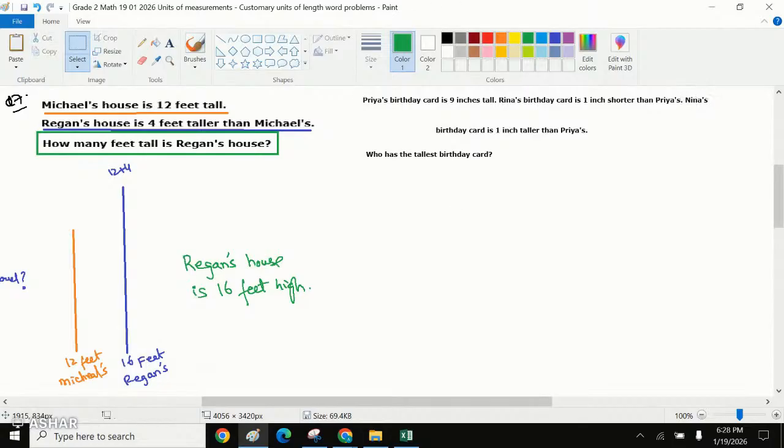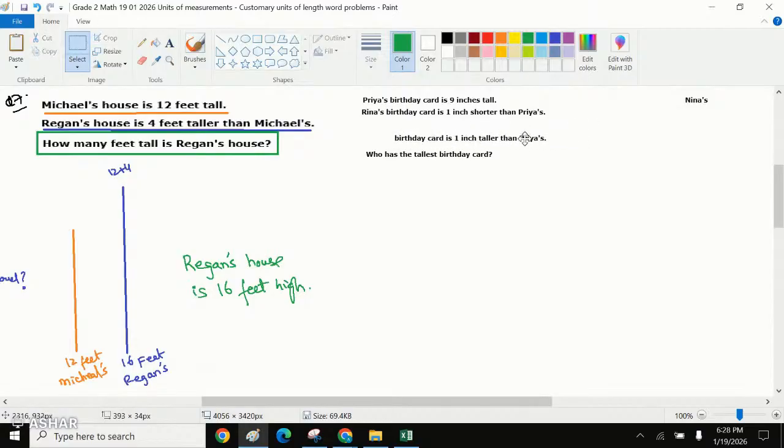Okay, Priya's birthday card, Reena's birthday card, shorter than Priya's. And Nina's birthday card is given over here. Sorry, just put it over here. It takes a little time to align this.